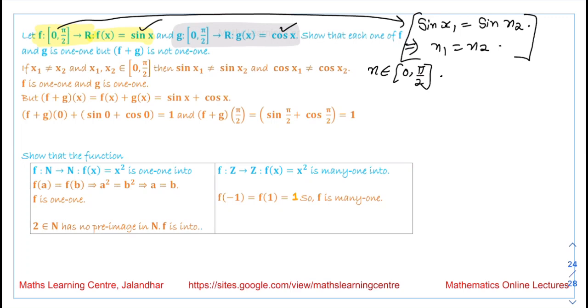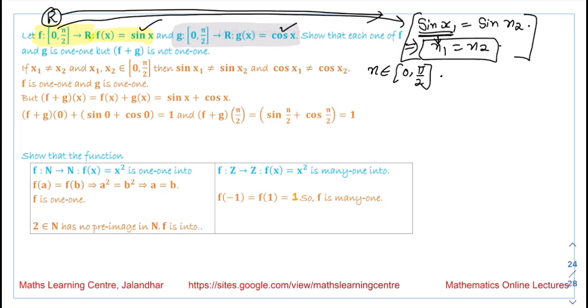So it means the value of sin(x1) is equal to sin(x2). This will give us x1 is equal to x2. If suppose the domain of this function is given to be R, then this will not hold, because for different values we can have the same values of sin x if the values are outside the first quadrant.